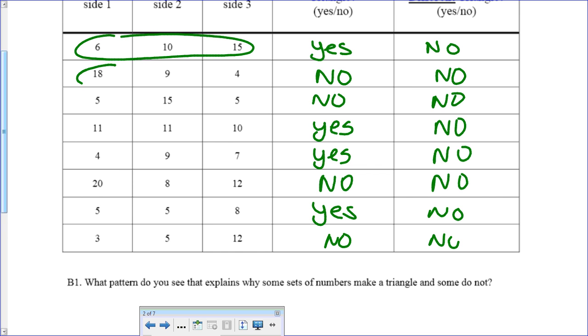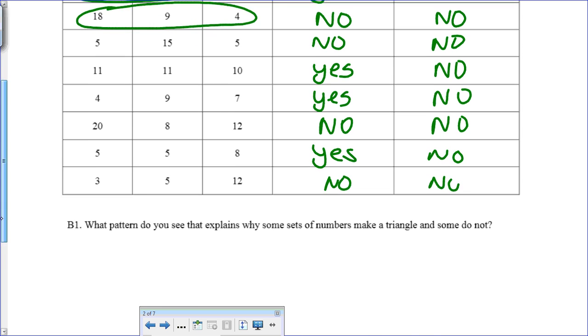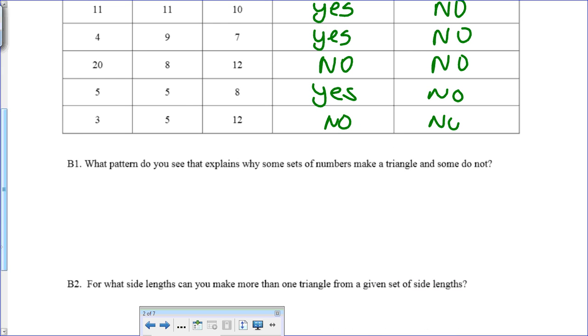I'll compare these two. Okay. I guess I'm going to have to let the cat out of the bag. So if you add the two smaller sides, and it's smaller than the biggest side, or the biggest number, you get a no. If your two shorter sides add up and get a bigger number than the longest side, it's a yes.